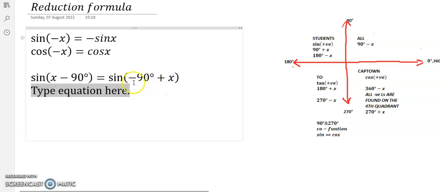Okay guys, inside we got negative 90 degrees plus x. We have not changed anything here because here we have positive x. Same applies here, we have positive x, negative 90.